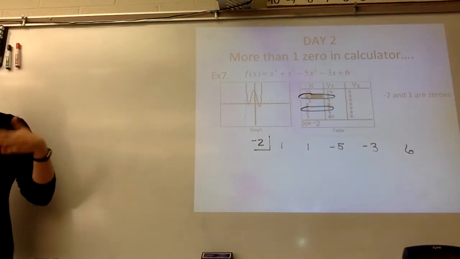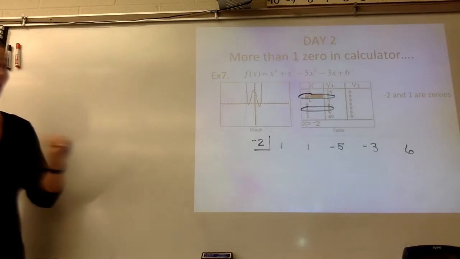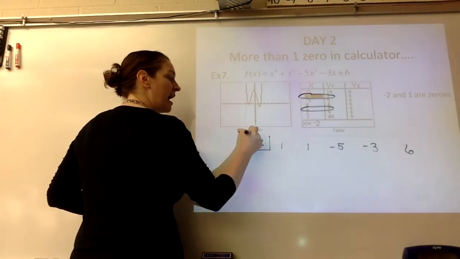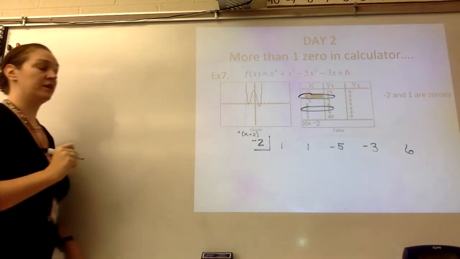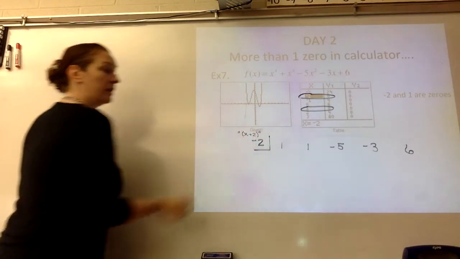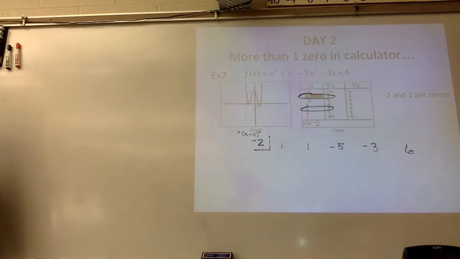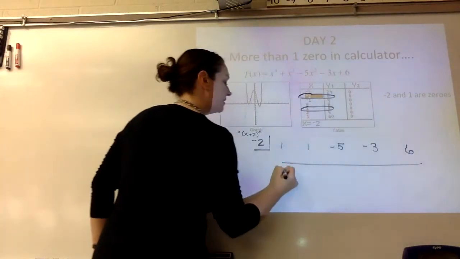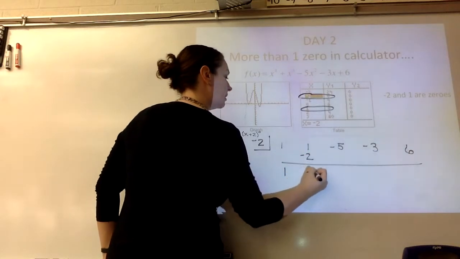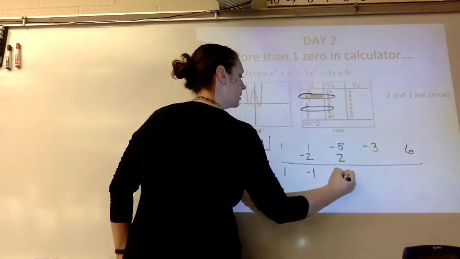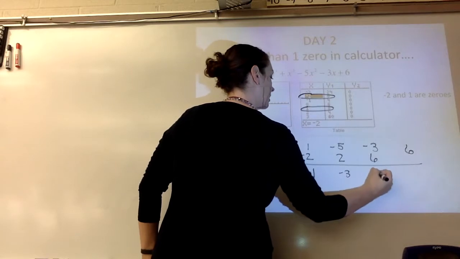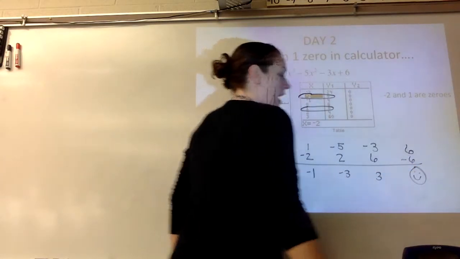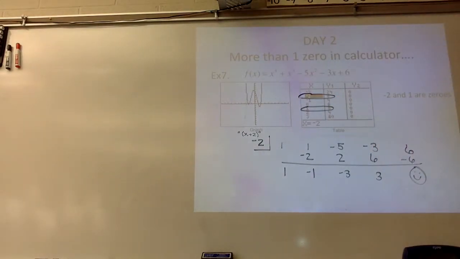Remember, we synthetically divide by the 0 value, but what we're really checking is we're dividing by x plus 2, the factor. If we were doing long division, that's what we would do. So I draw my line. Down 1. Notice I have a 0 remainder.